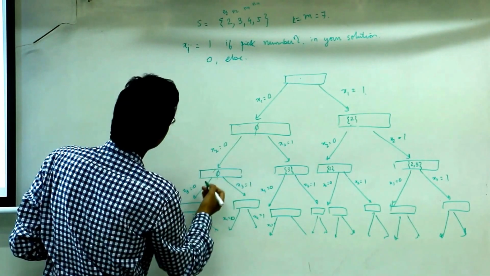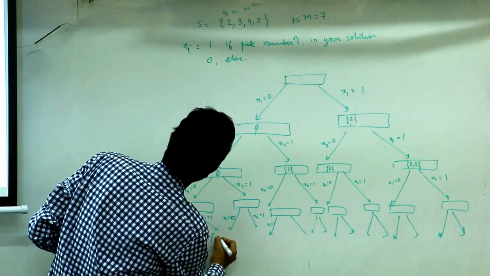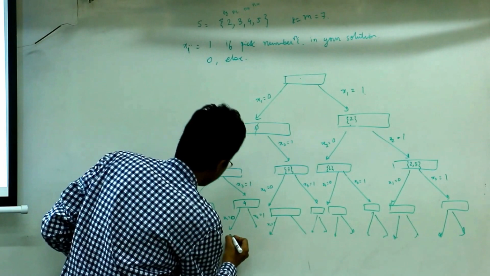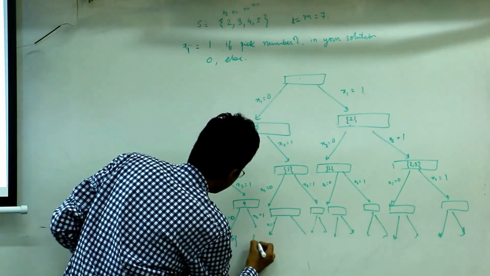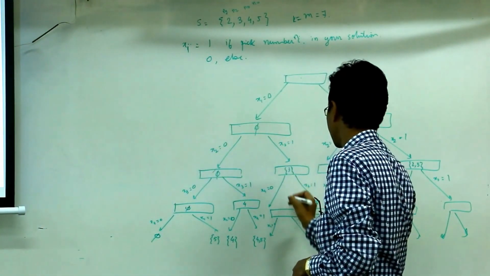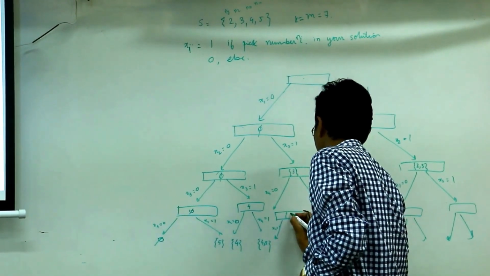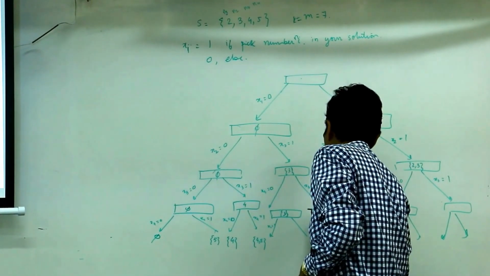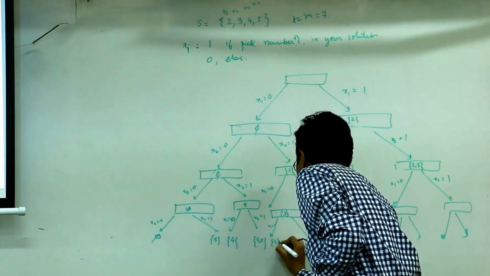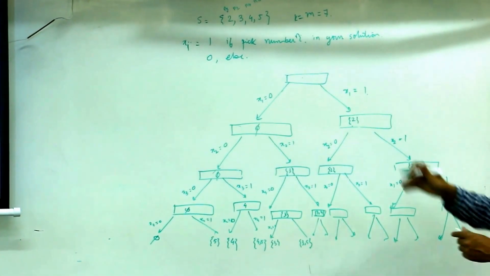So just to give an example here, this is 5, this is 3.